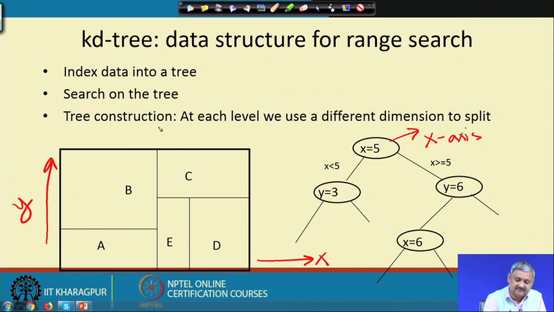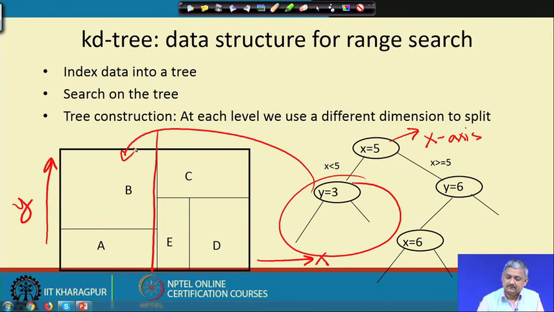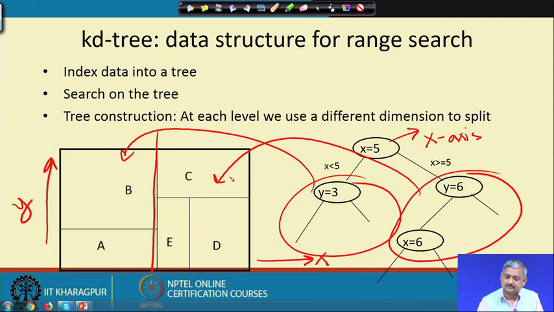So, x less than 5. All the points in this subtree will correspond to this, and all the points in this subtree will correspond to this. Okay. So, now among these points we split on y equal to 3. Similarly, these points, maybe y equal to 6, I split on this.